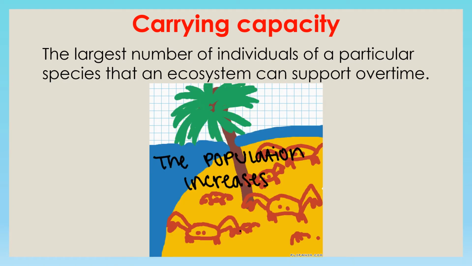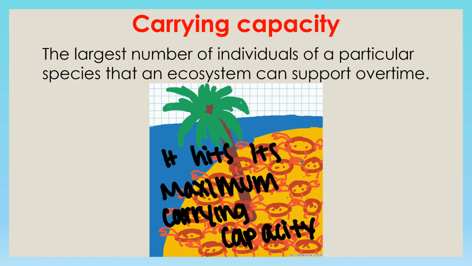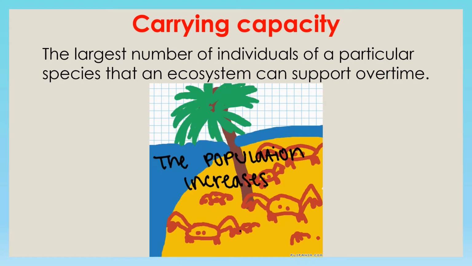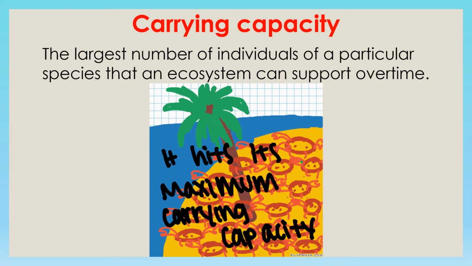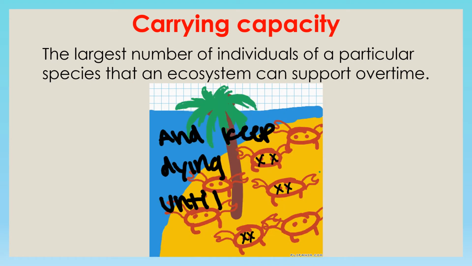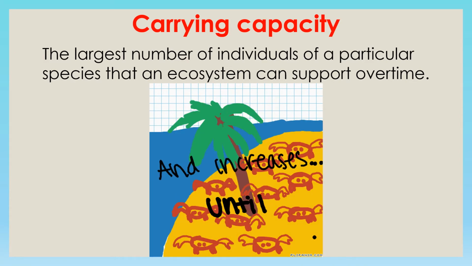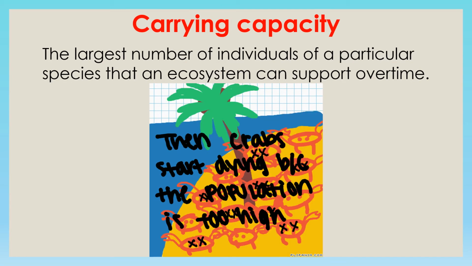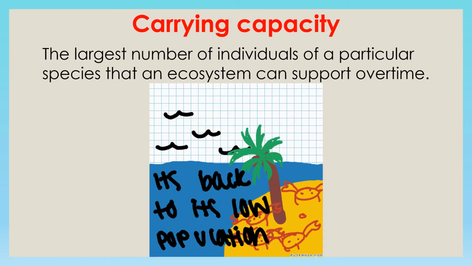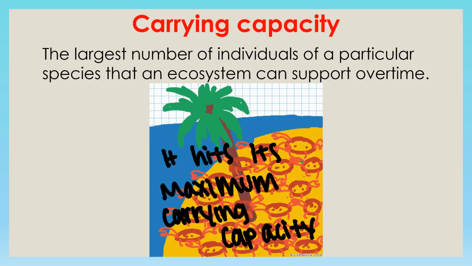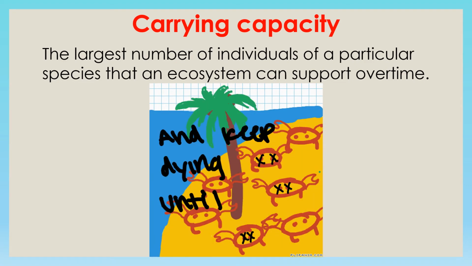So the small island cannot offer the needs of the crabs any longer because this island can only offer for, let's say, 10 crabs. So as the crabs keep on increasing in number and hit the maximum carrying capacity, eventually some of the crabs will die.